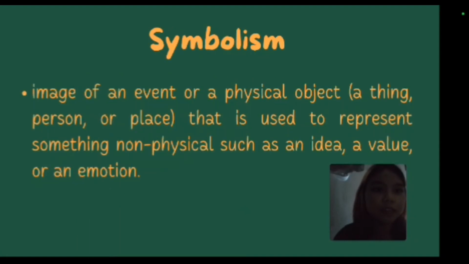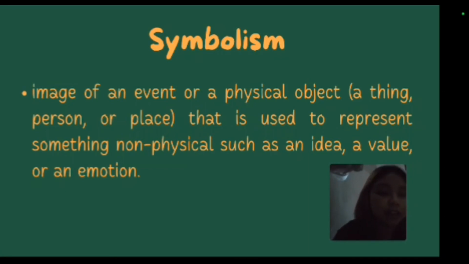Next, symbolism. Symbolism is an image of an event or a physical object, a thing, a person, or a place that is used to represent something non-physical, such as an idea, a value, or an emotion. This symbolism is really familiar to us because we have been tackling it for a very long time, and I do not have to reiterate it because I know that you all have prior knowledge of this.